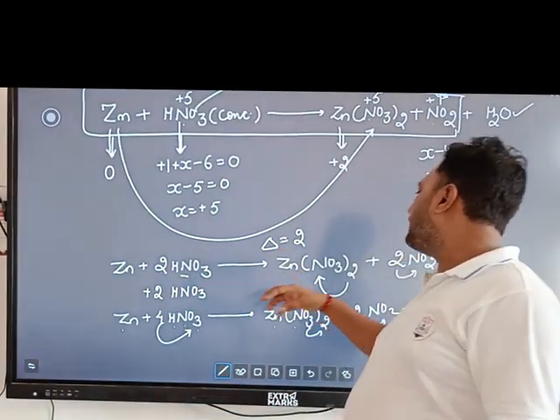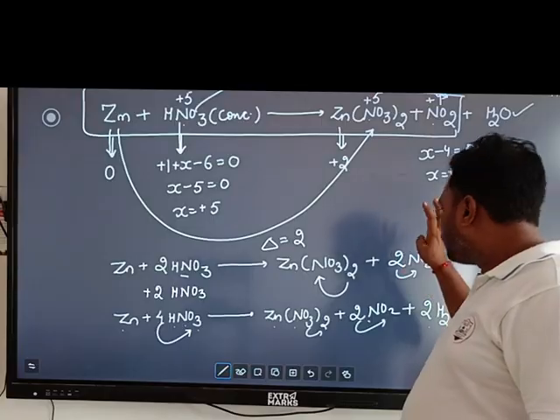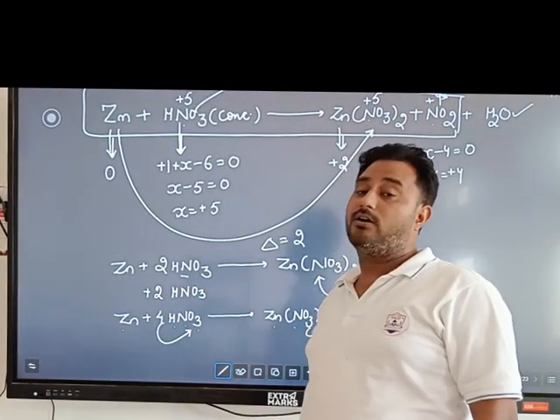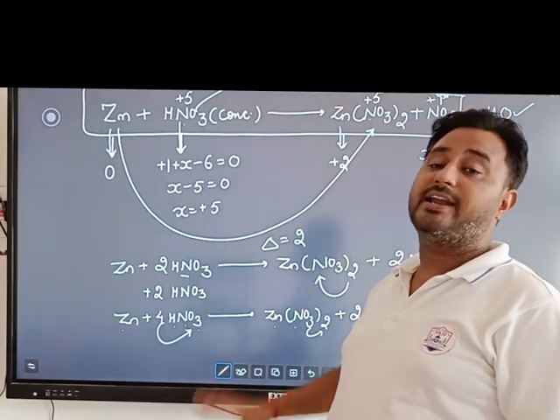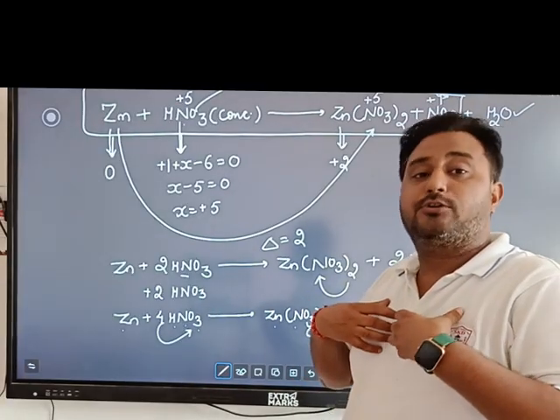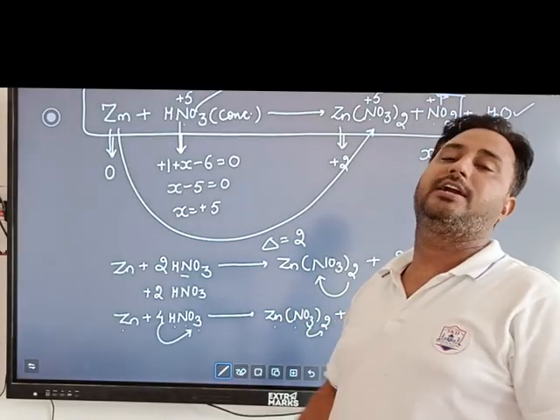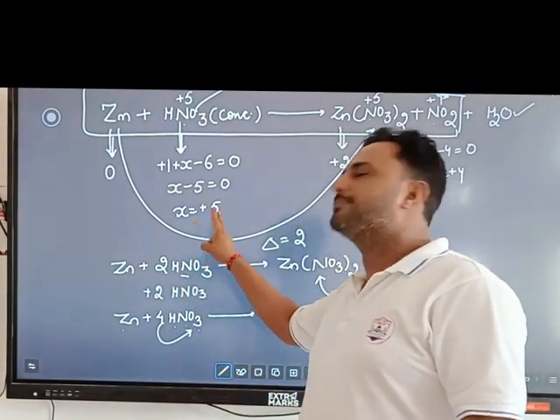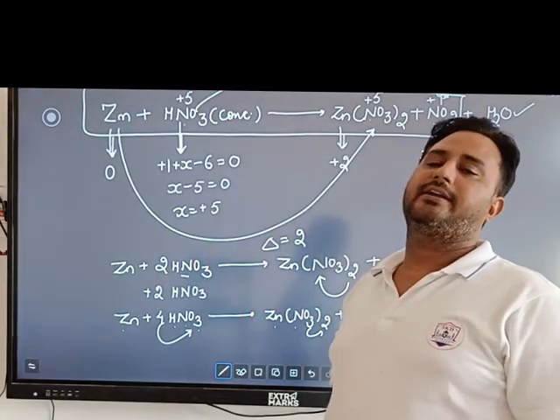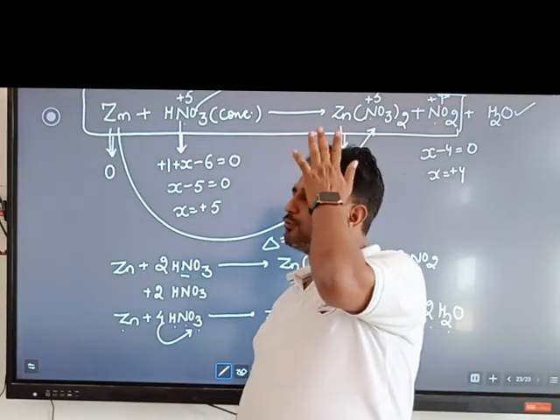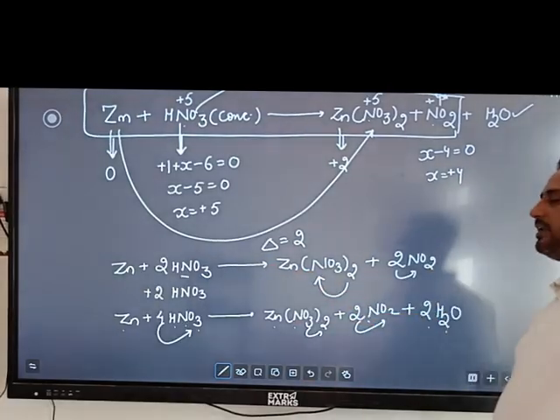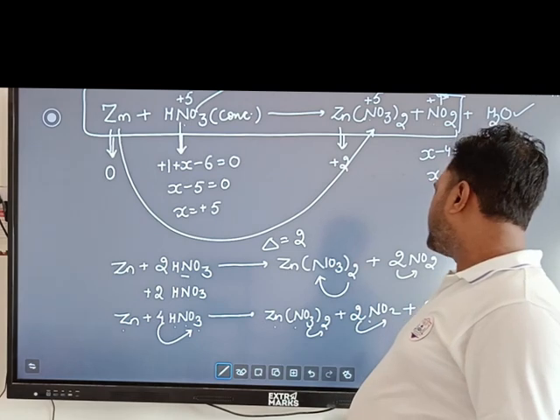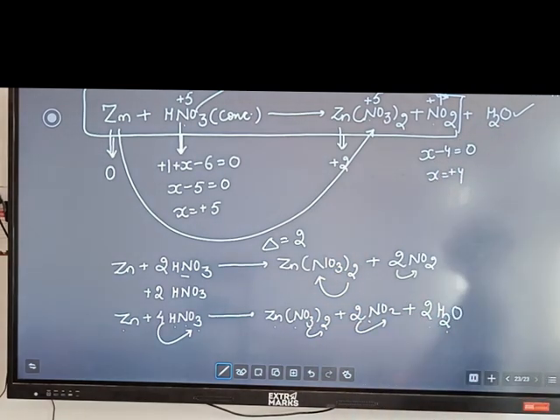So after the addition we get 4 nitrogen on the product side, but there are 2 nitrogen in the reactant. The source of nitrogen in the reactant is nitric acid, and this 4 can be maintained by the addition of 2 nitric acid on the reactant side. So after the addition of 2 nitric acid we get the final reaction: Zn plus 4 nitric acid will give zinc nitrate plus 2 NO2.